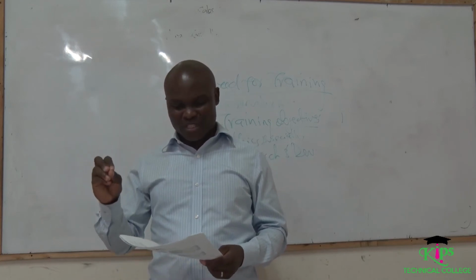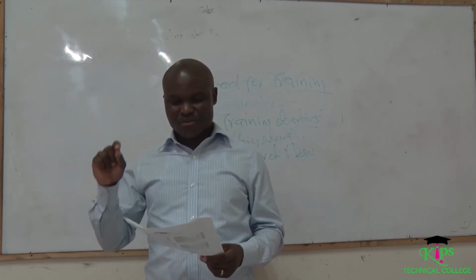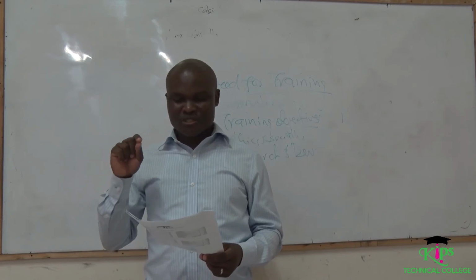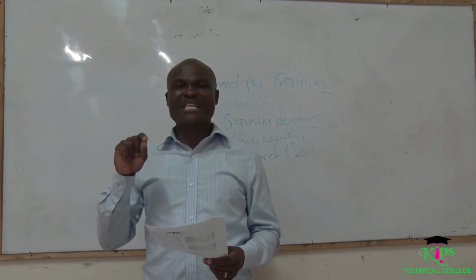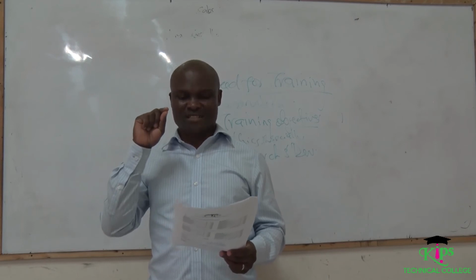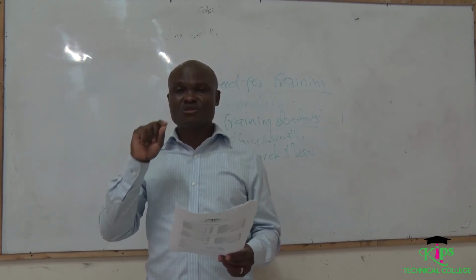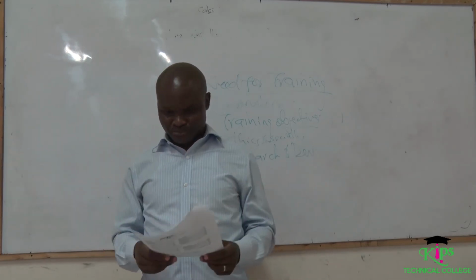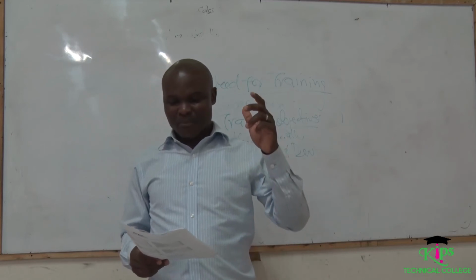Then number 5, it is conflict transmutation. To transmute something, it is to try and reduce its impact or reduce its level of problems.